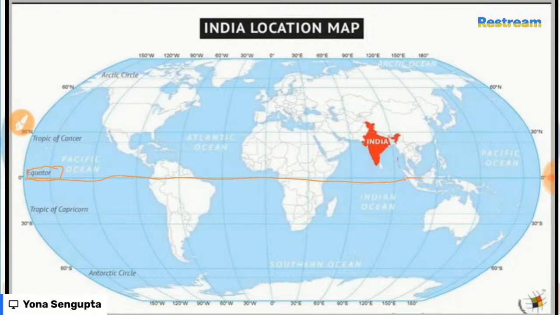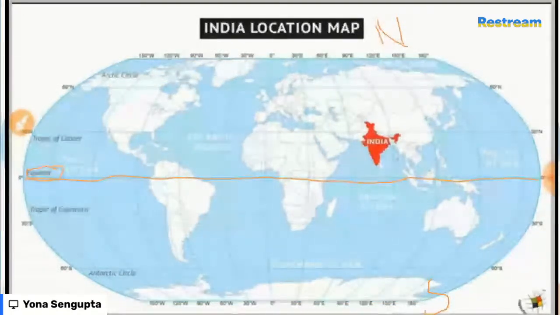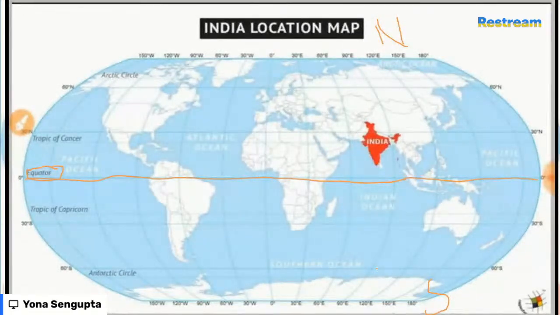This is the north here, and this is the south here. So as you can see, it stands in the northern part. This is India, and this is the equator, and India is situated in the north part of the equator. So we can easily say that India lies north of the equator.